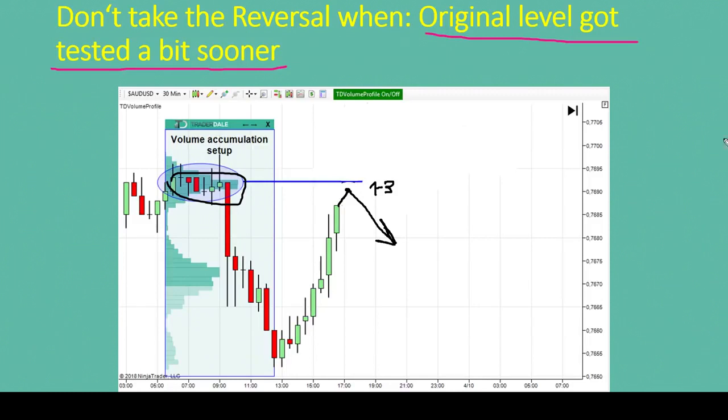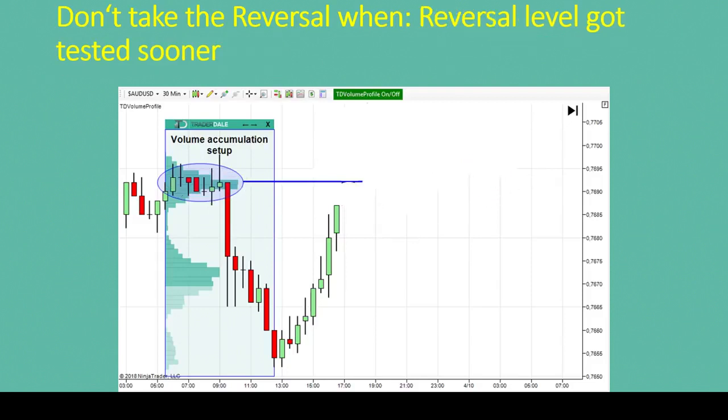After such a reaction, let's say the price returns, goes past the level, then returns, you don't take the reversal from there, because the level already worked, only a little bit sooner.